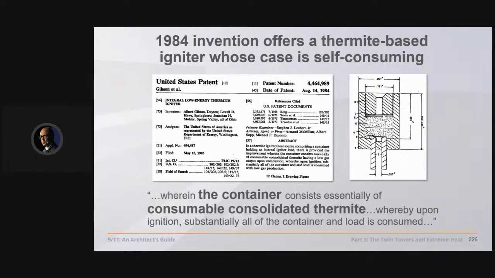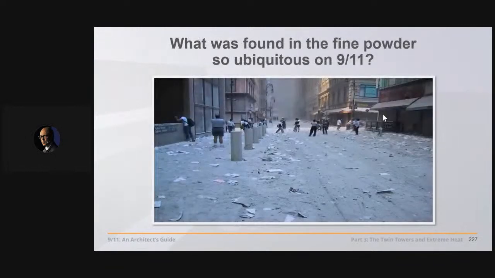the consolidated thermite container, the casing for this particular igniter device is burned up. All that's left is molten iron. So that could be done in a shaped cutter charge. But what else was found in the fine powder through Lower Manhattan spread in a 4-inch blanket, 3 square miles?